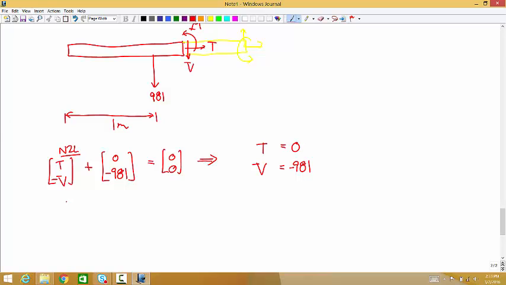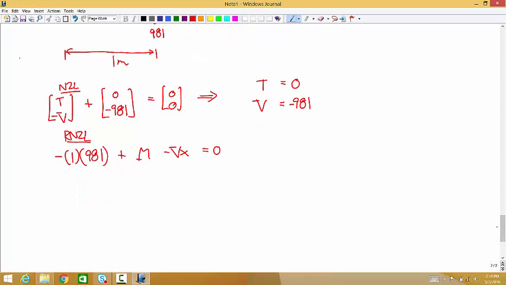And then the moment equation says we have a moment arm of 1 and a force of 981. Is that positive or negative? Negative. And then plus M minus Vx equal to 0. So M is equal to 981 plus Vx, which is 981 minus 981x.